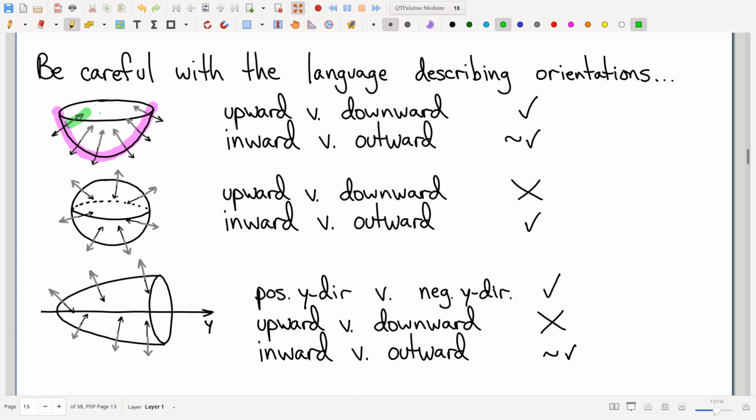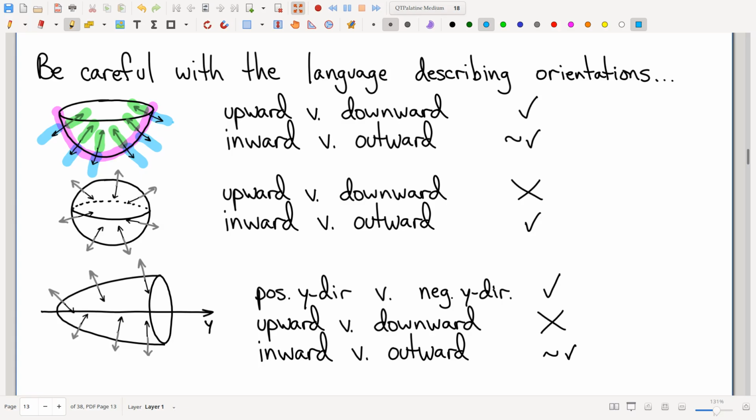You could orient it as per the green vectors, or you could orient it as per these blue vectors.